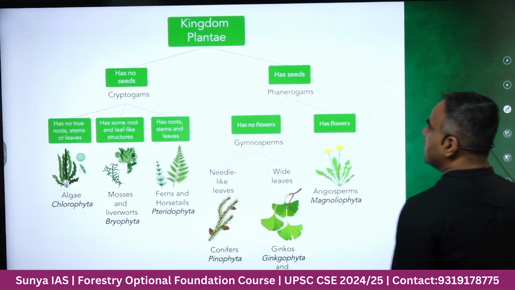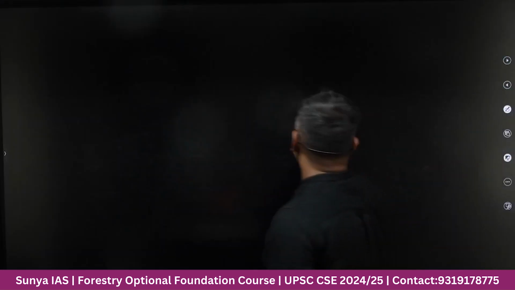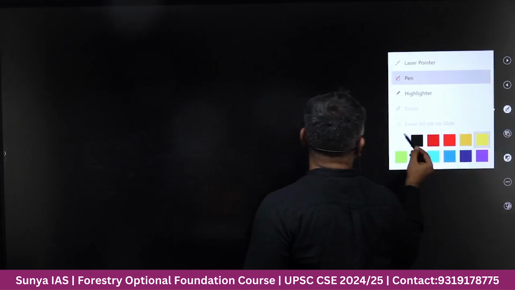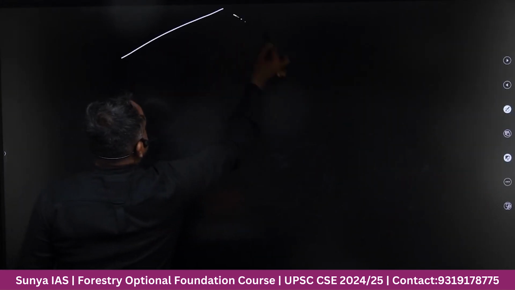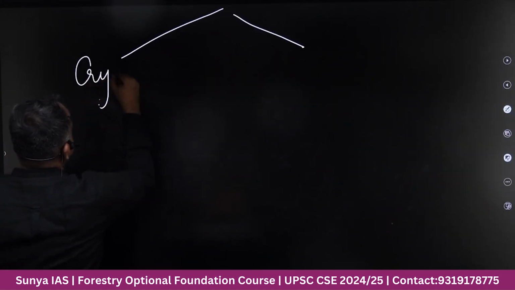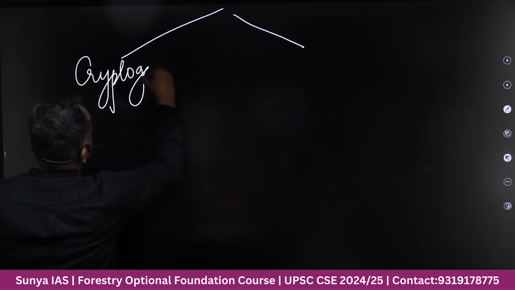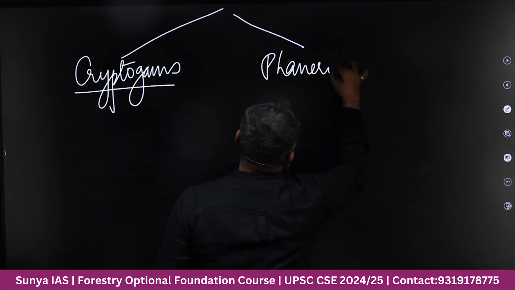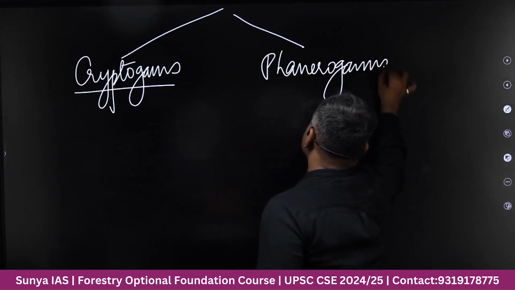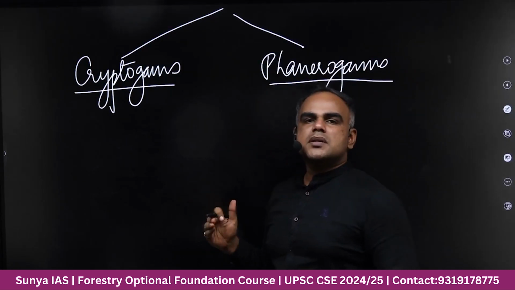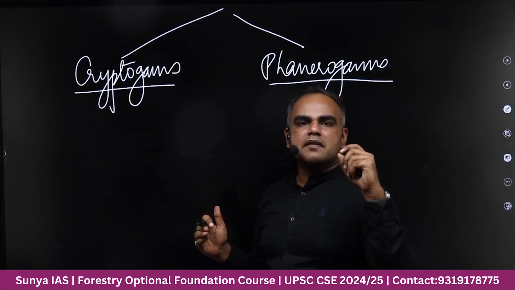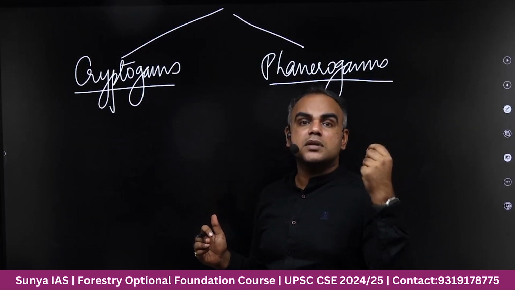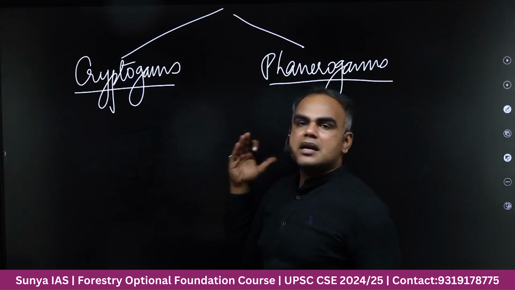When I'm talking of the plant kingdom, the plant kingdom can be divided into cryptogams and phanerogams. I'm also explaining this because in the current affairs, India's first cryptogamic garden was in the news, which was in Dehradun, Uttarakhand.